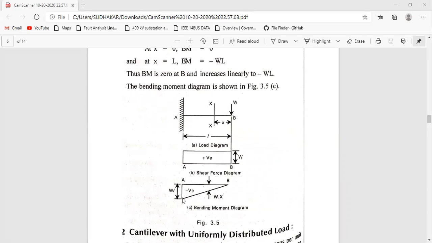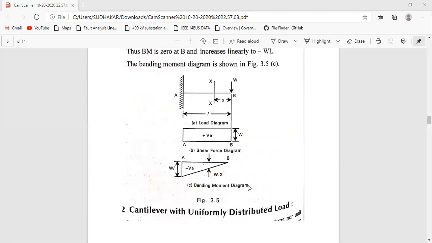From here to here we draw an inclined line, and this is negative. Just remember, whenever the shear force is positive, obviously there will be negative bending moment. Whenever there is positive bending moment, obviously there will be negative shear force. Quite opposite.